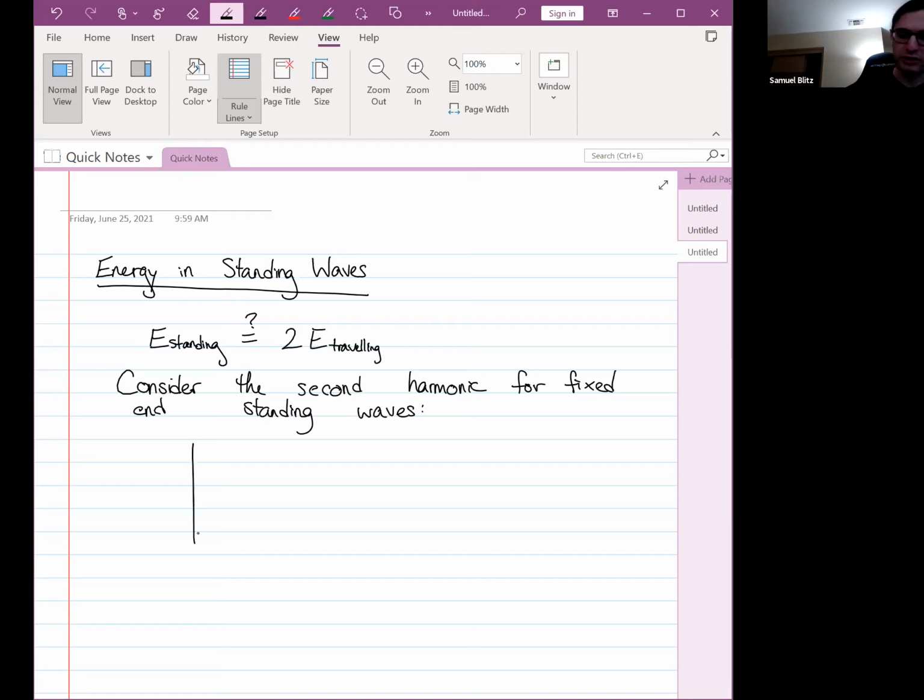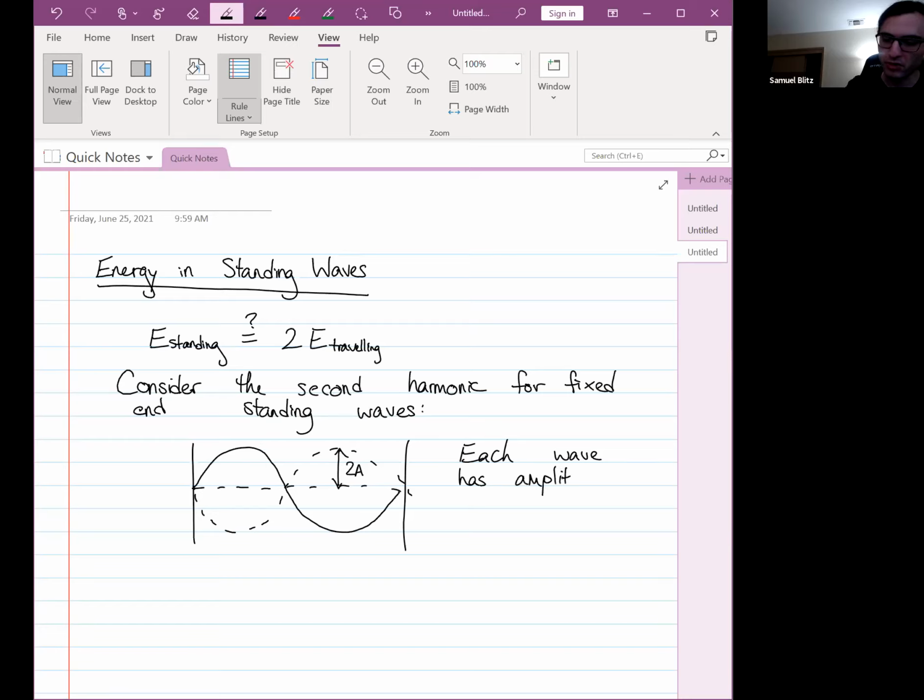So the picture here is, you have your cavity with fixed ends. The second harmonic has precisely one wavelength through it, and then it oscillates up and down. Each traveling wave has amplitude A, so this distance here would be 2A.